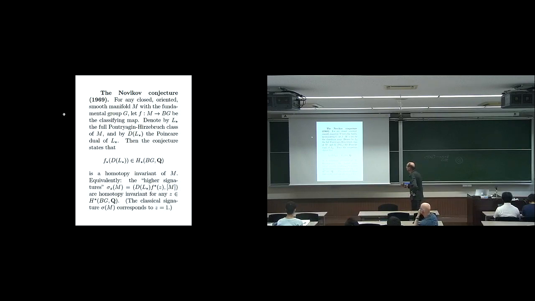So the universal cover will map into EG, which is the contractible space covering BG. So the conjecture says that F of this element in this group is homotopy invariant.